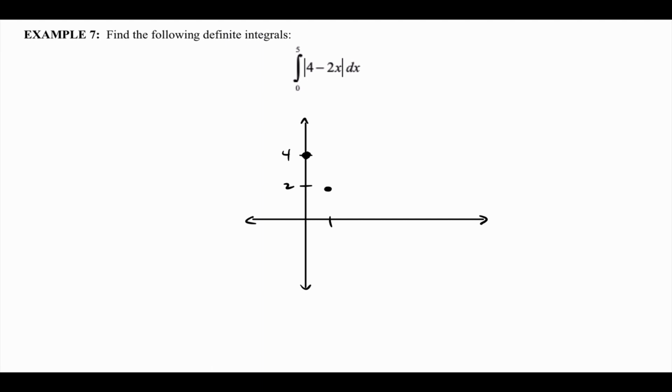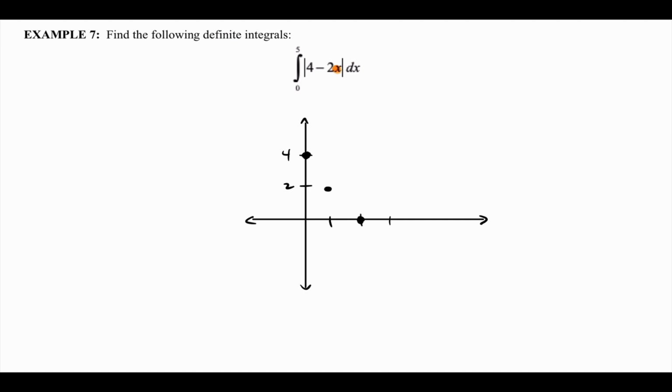Plug in 2. If I plug in 2, I'm going to get 0. When I say plug in, I mean plug in right there. 3. When I plug in 3, I'm going to get -2, but then the absolute value is +2, right?